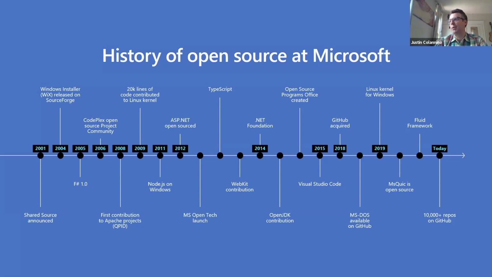That's kind of what Microsoft Open Tech was. We started building our own projects, TypeScript, giving the .NET ecosystem to the .NET Foundation. And then finally, the open source programs office is created right around 2015, or right before 2015 starts.